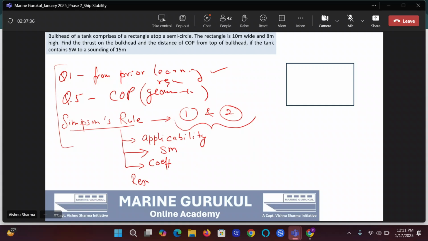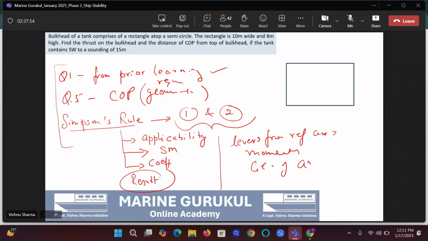And also, guys, besides this, how do we get levers from reference axis? How we get moments, and how we get the geometric center of area, like center of flotation and all that you did in phase one, geometric center of area.